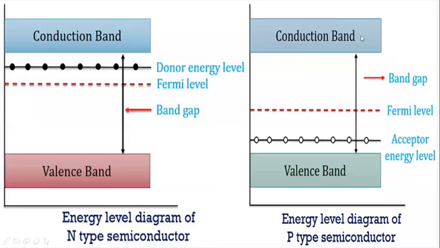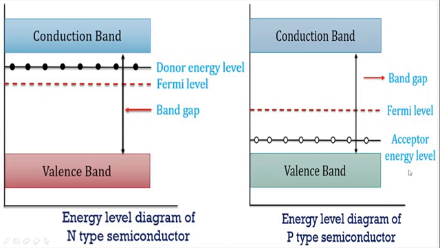So in an n-type semiconductor, the electrons are the majority carriers, and the concentration of electrons in the conduction band is nearly equal to the concentration of donor atoms.